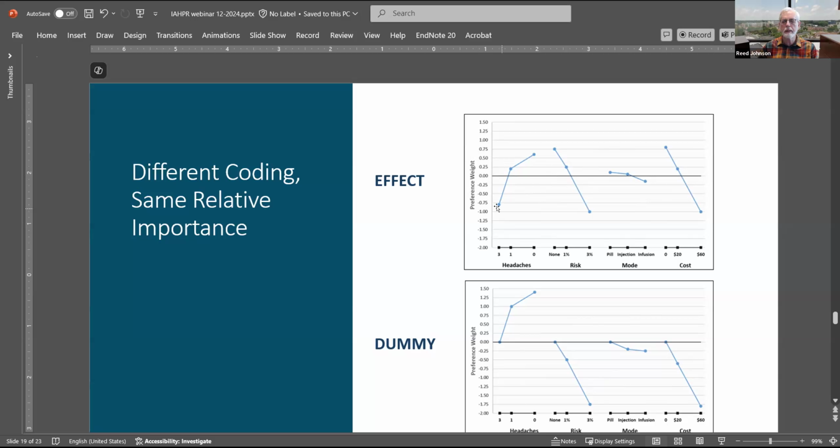We're just normalizing, defining 0 differently. And likewise here for risk, if I take 0 risk and move it to the omitted category, then we get exactly the same line, and so on. So there is no statistical reason for choosing effect coding or dummy coding. If you're comfortable with dummy coding because that's what you got in your statistics course, that's fine.